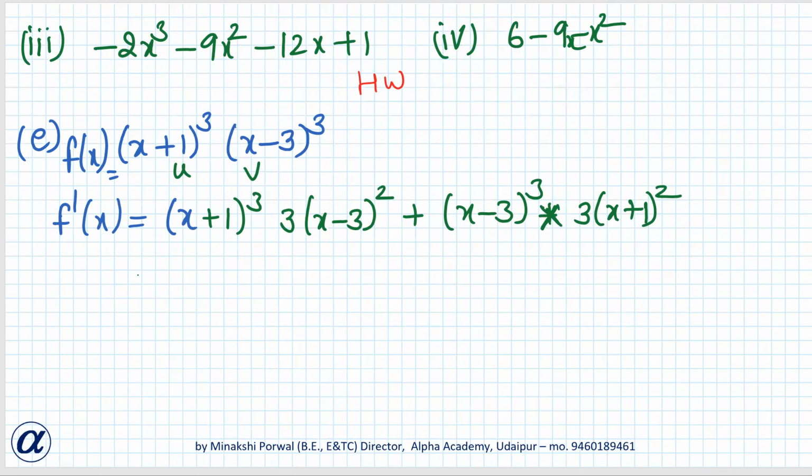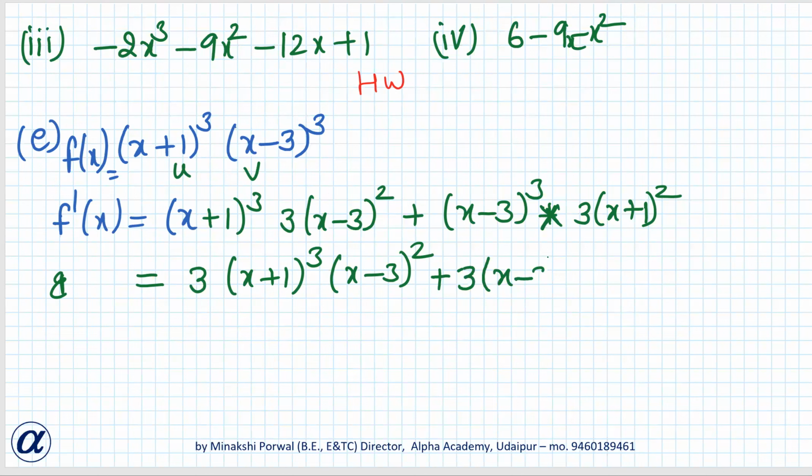Okay. So first of all we'll take common. We have to put f dash x equals 0. We'll rearrange it: 3 into x plus 1 the whole cube, x minus 3 the whole square, plus 3 into x minus 3 the whole cube, x plus 1 the whole square.